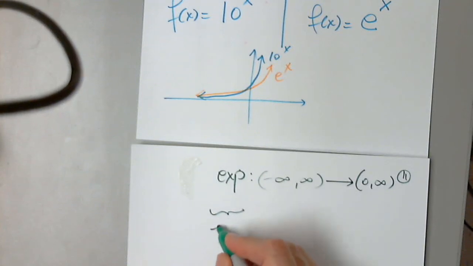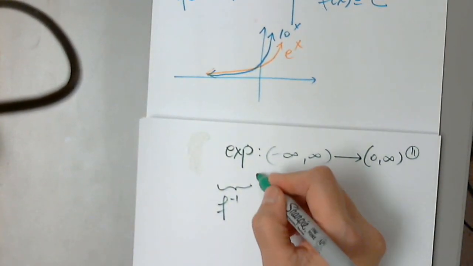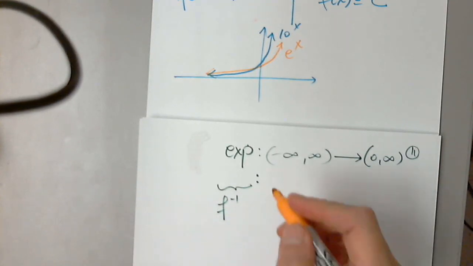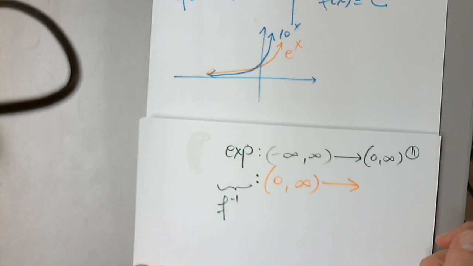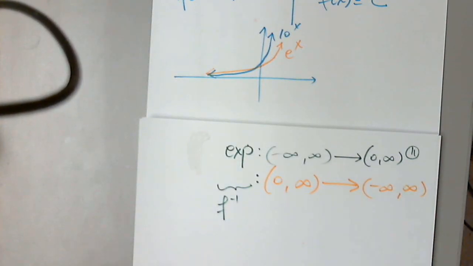Its inverse function, which we have not named yet but will in a minute, will be defined for sure on 0 to infinity. And for sure, carved in stone, it will have what range? Negative infinity to infinity. Right, because it's going to be the inverse function. Great job.